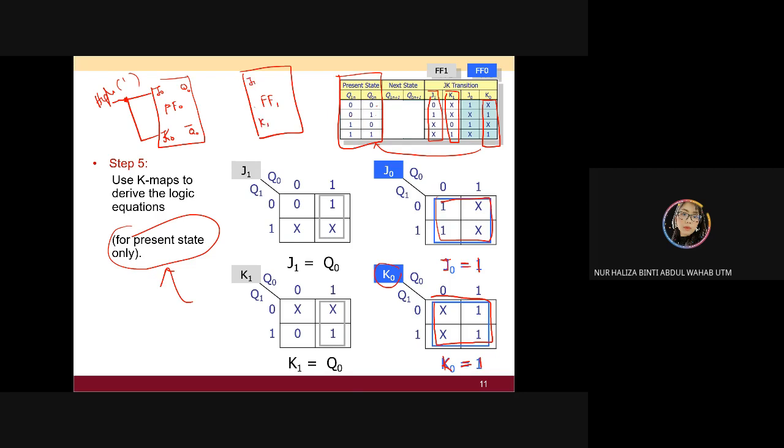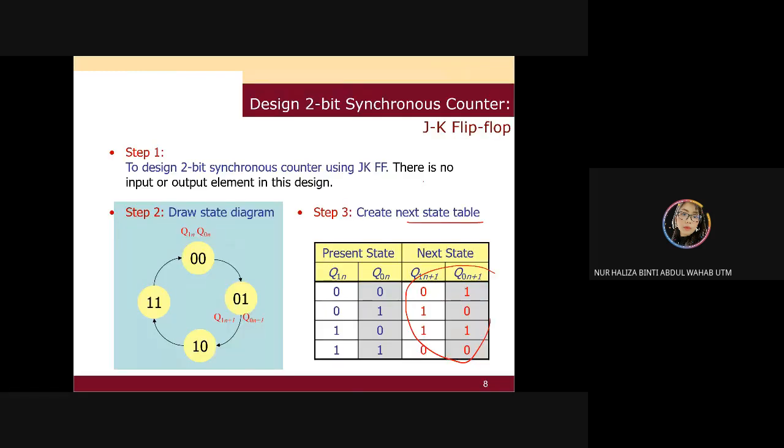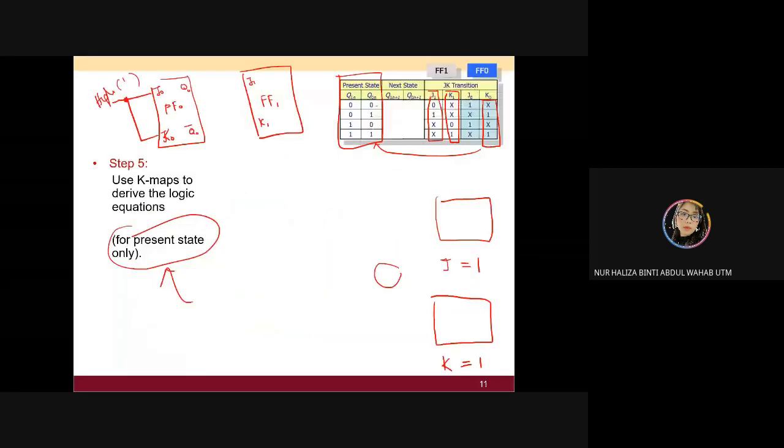You don't know what is the input. I state here, there is no input or output element yet for the design. You don't know yet, okay? So you're going to see what is the input for J and K here.